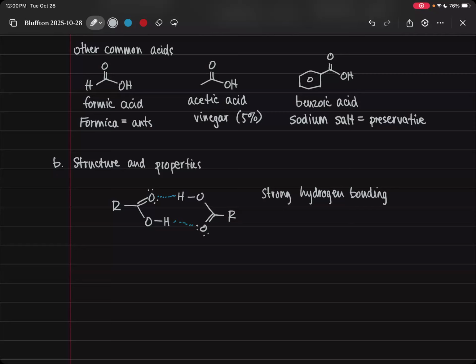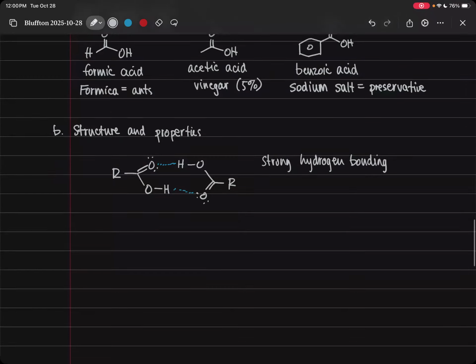Now, of course, this occurs in a lot of other molecules, but here I've shown it drawn from the carbonyl oxygen, and it can also hydrogen bond from that alcohol, quote unquote, oxygen, and all sort of in between.